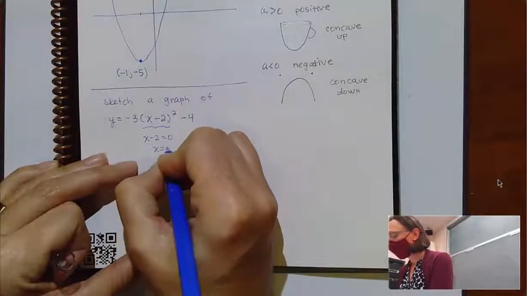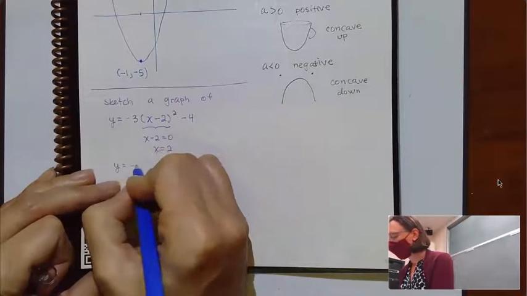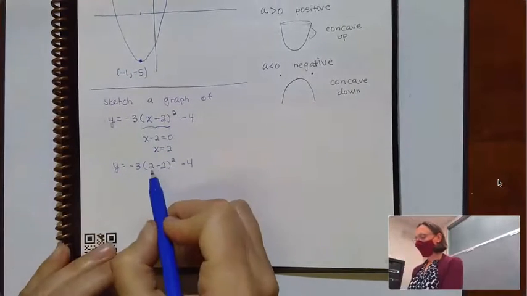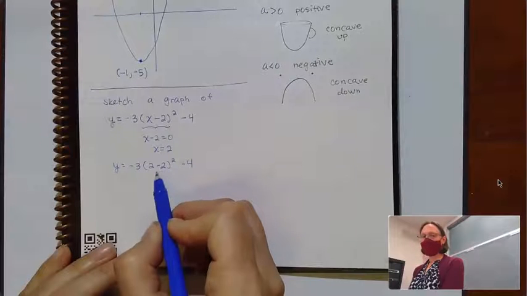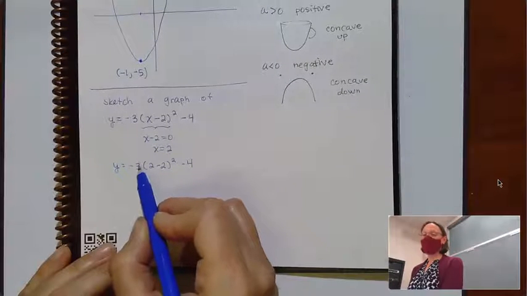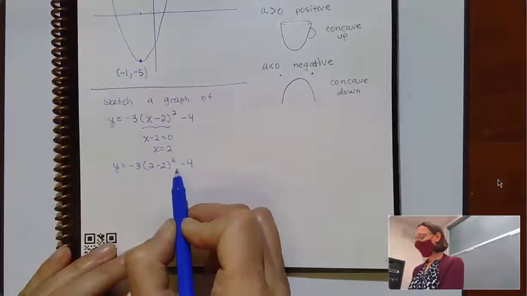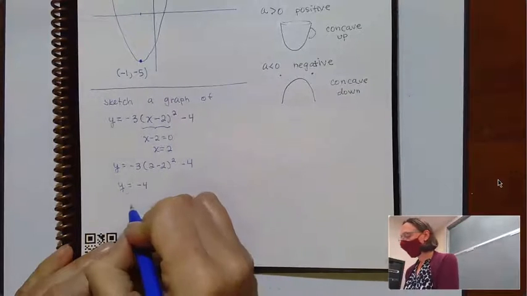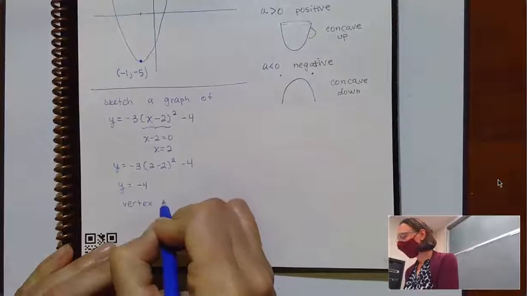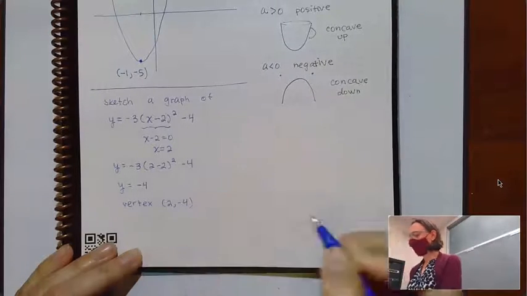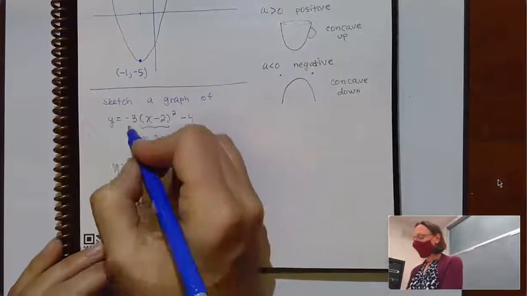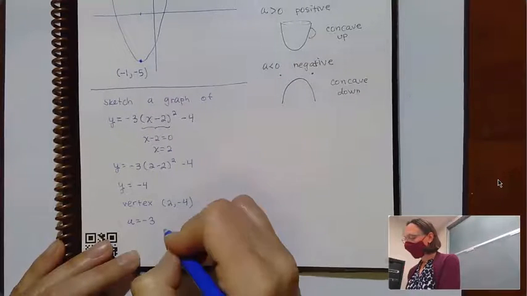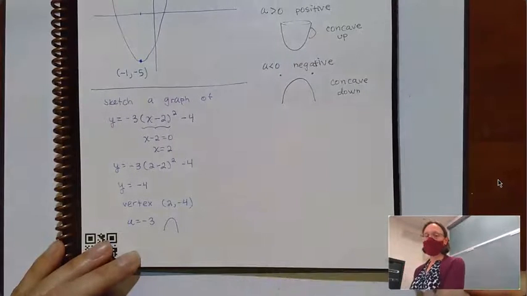We would get x equals 2, and then we plug it in. I've got 0 squared, which is 0, times the -3, which is still 0, 0 minus 4 is -4. So my vertex is at 2, -4. And that -3 out in front means that we'll be concave down.